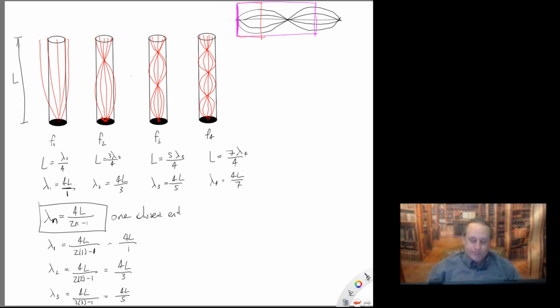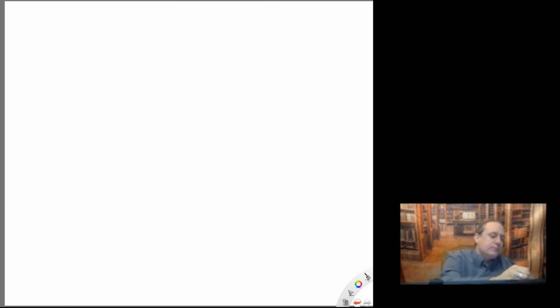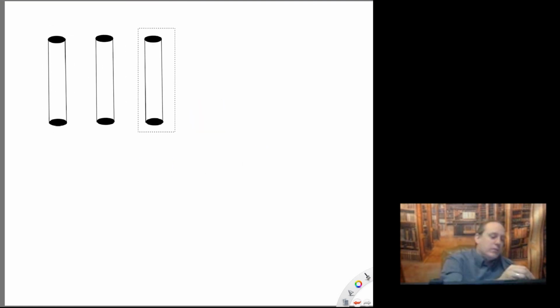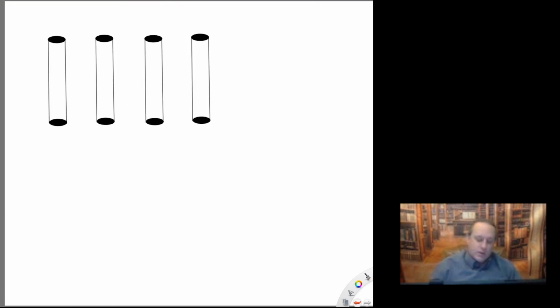Okay, so let's take a look at what happens if we have both ends closed. So let's suppose we close both ends. If we close both ends, we're going to get nodes on both ends. So we know what nodes on both ends looks like.